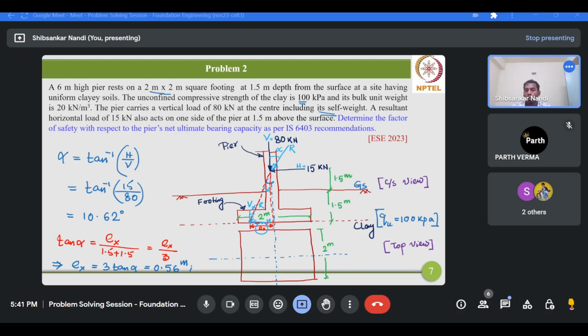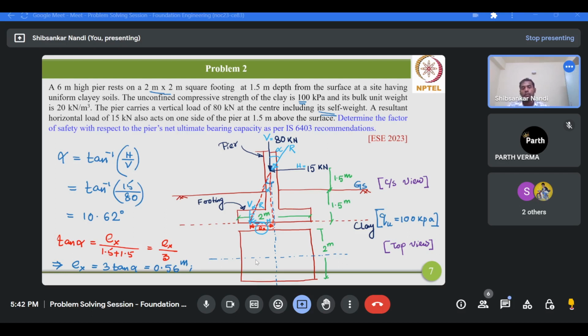So we try to remodify the plan area in such a way that this load becomes concentric about the new plan area. Are you getting my point? The concept of useful width is based on this fundamental: you have to remodify the original plan area in such a way that the initial eccentric load becomes concentric with respect to the modified area.